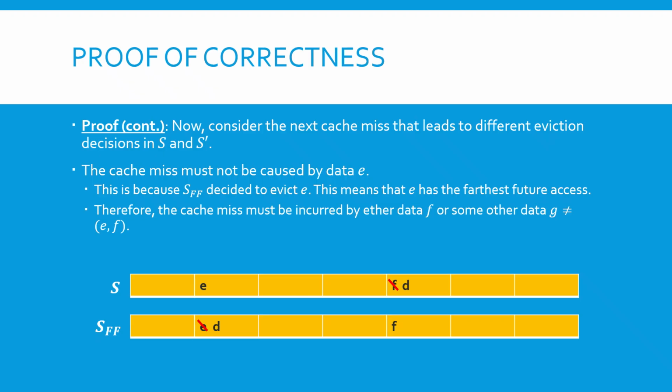When the next miss occurs, the requested data cannot be E. Since SFF evicted E, E is the item whose next use is farthest in the future. Therefore, some other request must trigger this cache miss. This leaves two cases. The requested data is F, or it is some G that is neither F nor E.